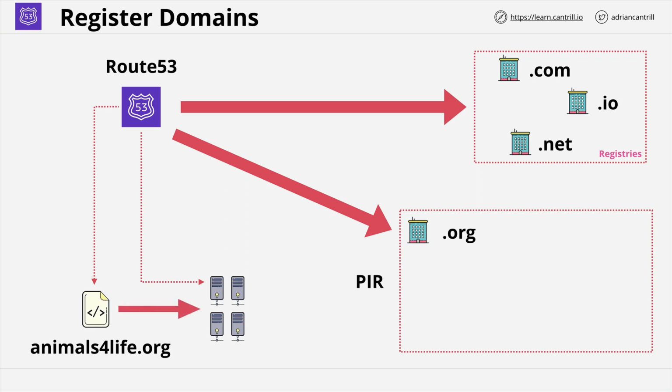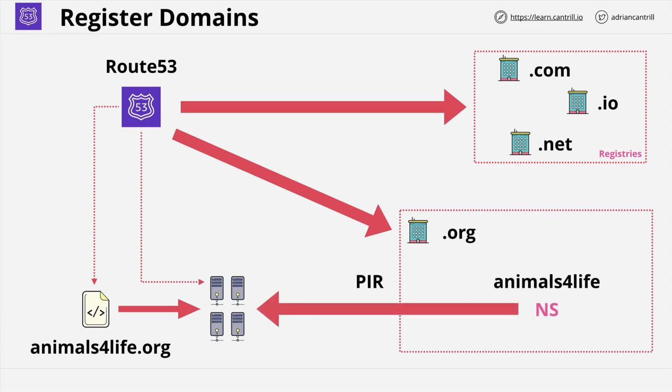And then, as part of registering the domain, it communicates with the .org registry, and this is PIR in this case, and liaising with that registry, it adds these name server records into the zone file for the .org top-level domain. And the way that it does this is it uses name server records.